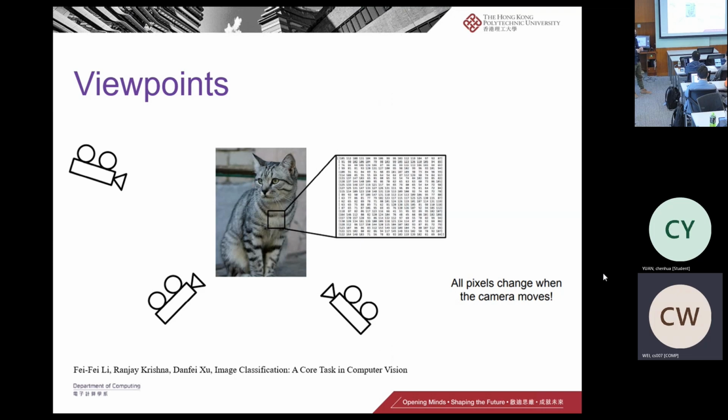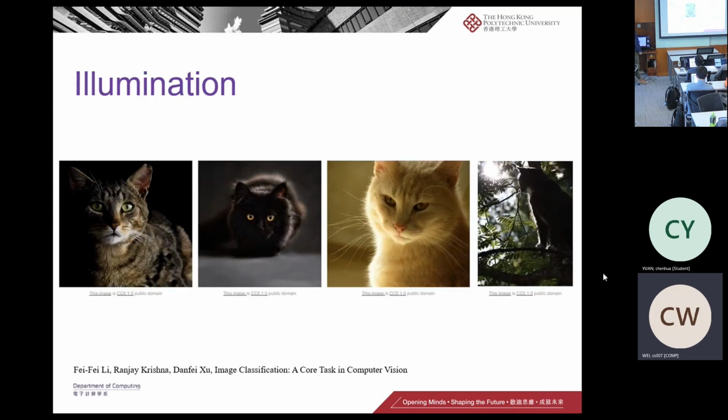We can focus on the specific part we're interested in, no matter what distance or viewpoint we take the picture from. But computers are not, because the images are stored as numbers. A tiny change of viewpoint or distance will cause a significant change of those numbers. So it causes a lot of problems for computers.